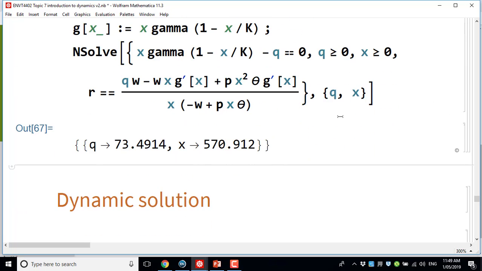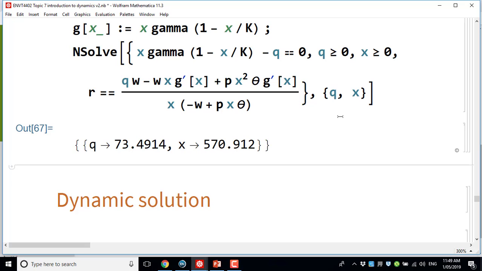So in this case, if the costs are high enough, you can actually push the stock beyond the maximum sustainable yield. And optimization is doing that to reduce the cost of fishing.